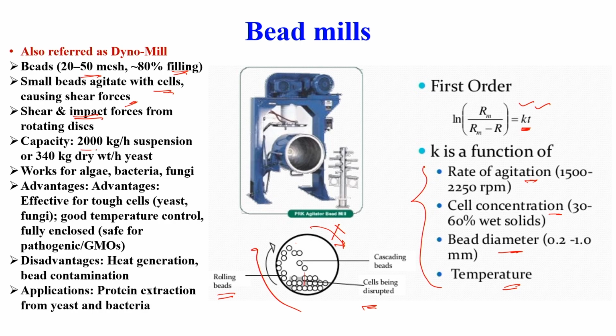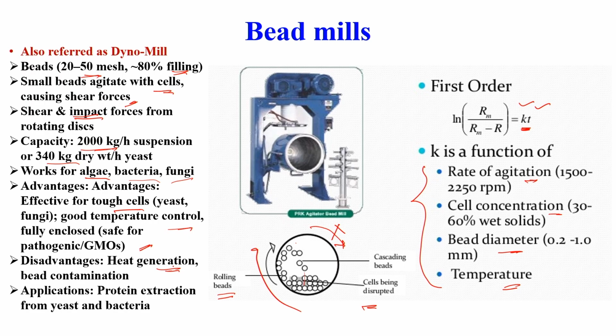Its capacity is about 2000 kg per hour of suspension, or one can even go with dry cell, about 340 kg. It works for algae, bacteria and fungi. So, its advantage is that it is effective for tough cells like yeast and fungi. It also offers good temperature control, and as it is fully enclosed, it is safe for pathogenic organisms.